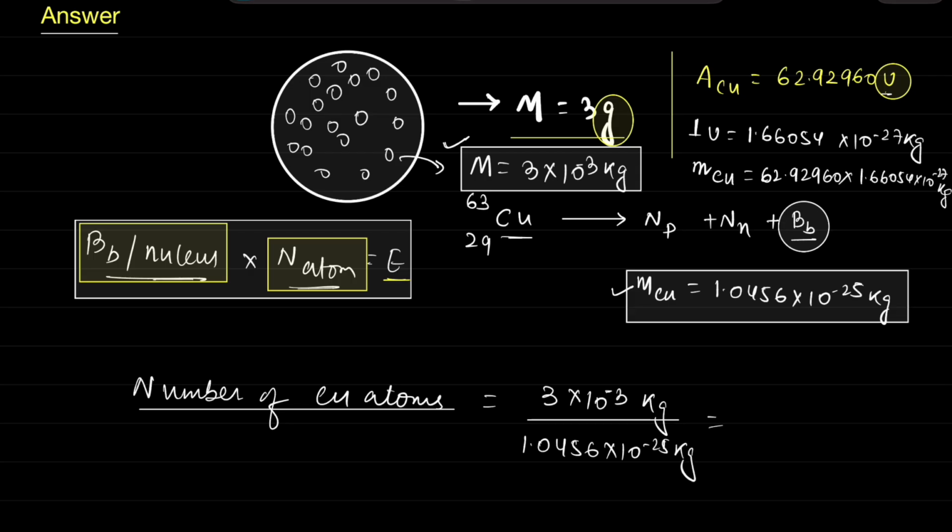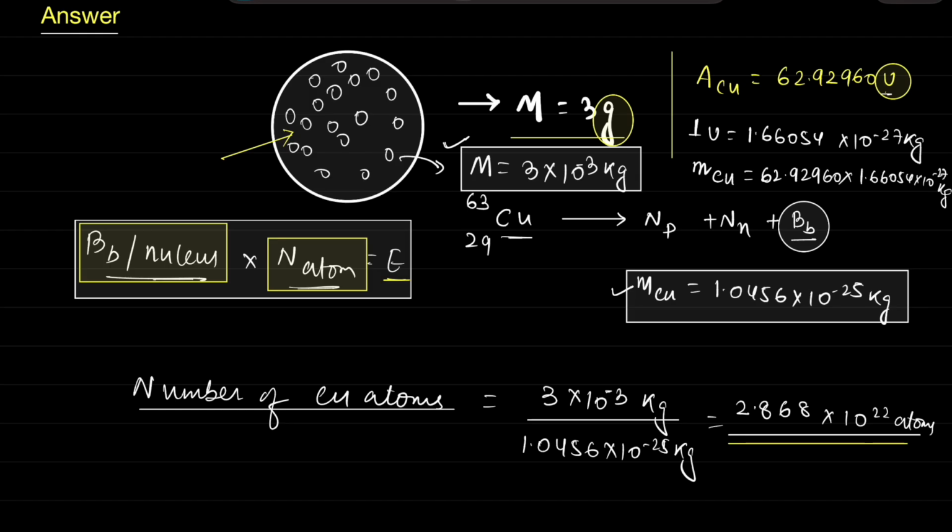So it can be written as 2.868 into 10 to the power 22 atoms. So we found the total number of atoms present in this one coin whose mass is 3 gram. So this is our value.